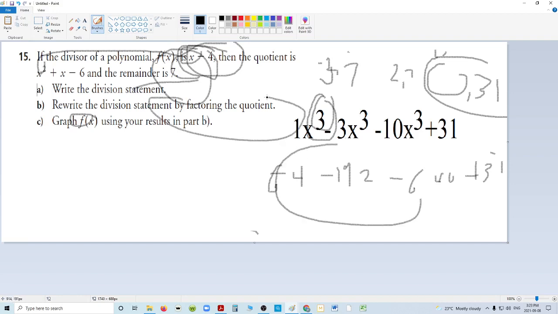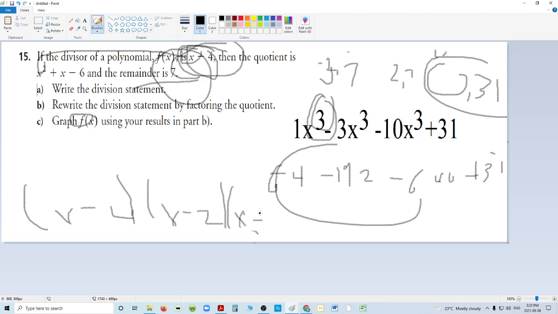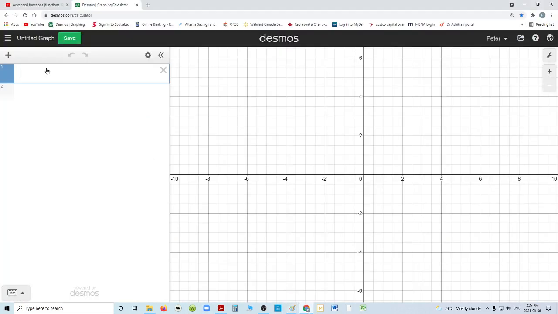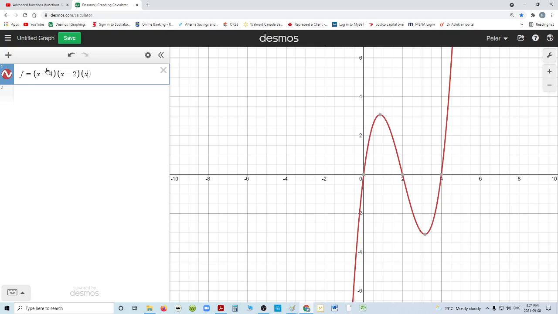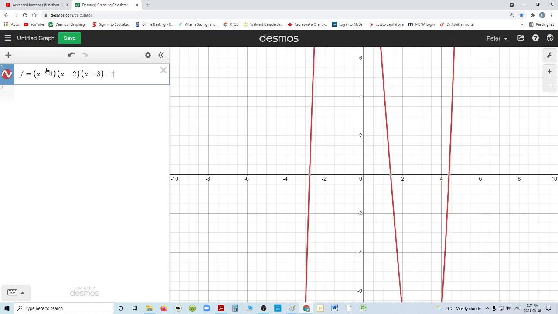Rewrite the division stage by factoring the quotient. Okay, so I had x minus 4, x minus 2, x plus 3, plus 7, like that. Let's just graph it. x minus 4, x minus 2, x plus 3, minus 7.